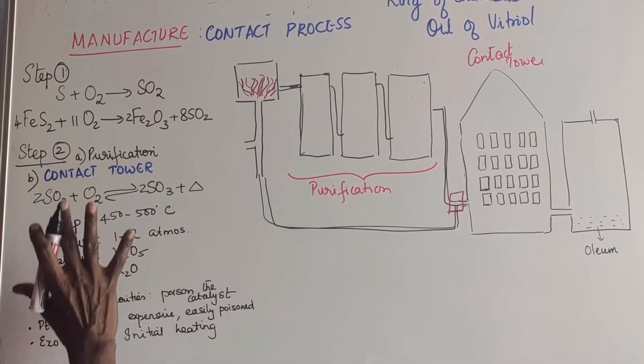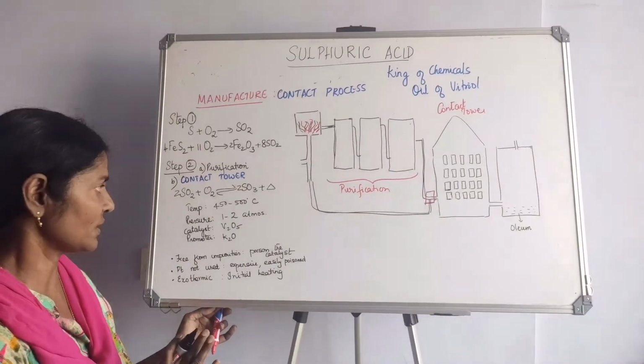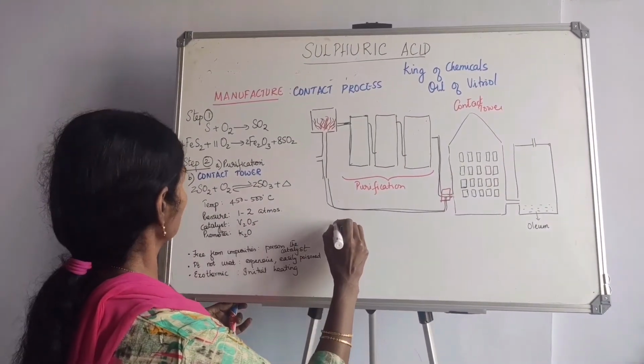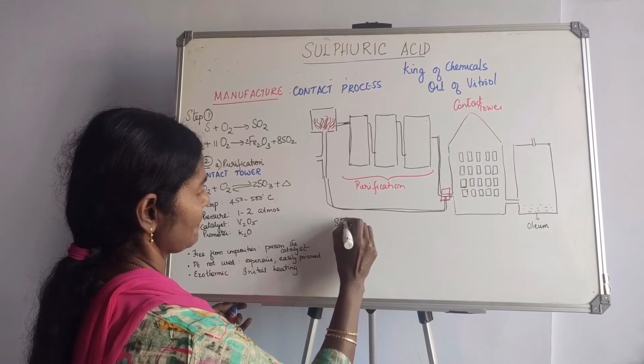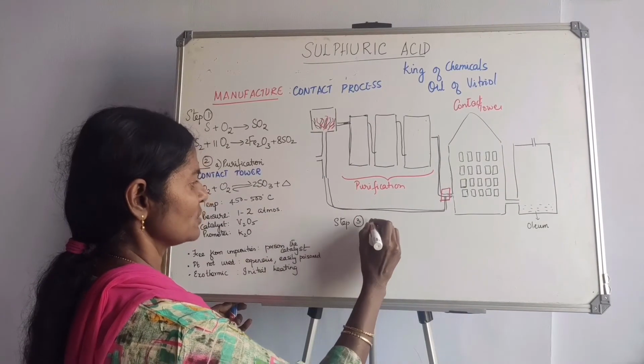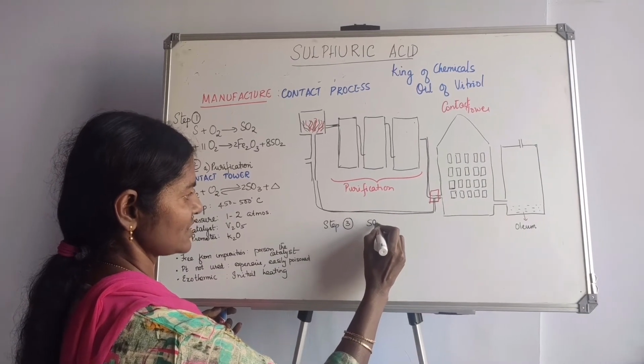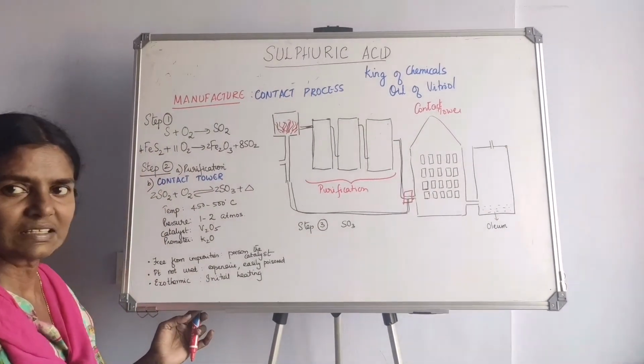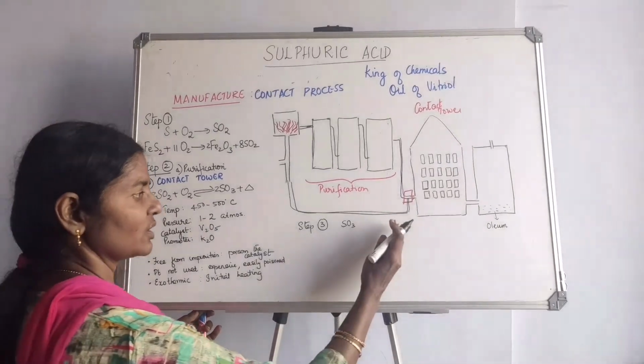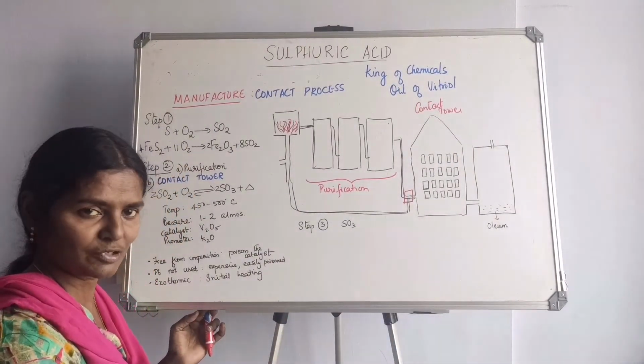So these are all the things that happen in the contact tower, and now we move on to step 3. Now we have got sulfur trioxide. The easiest way we would think is to just add water and we get sulfuric acid.